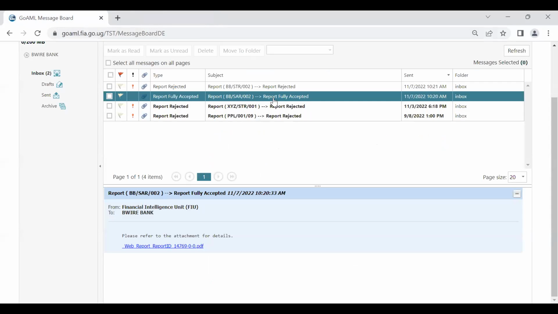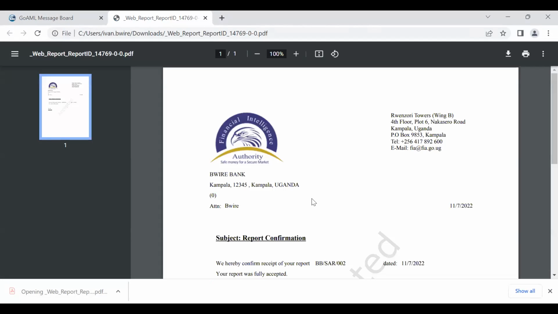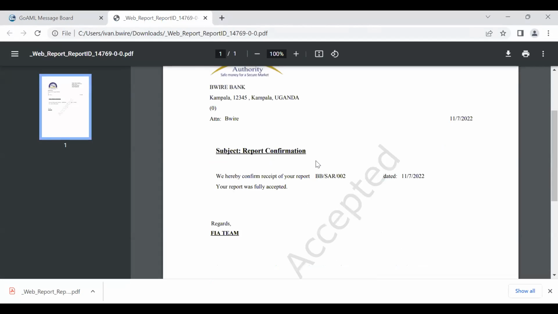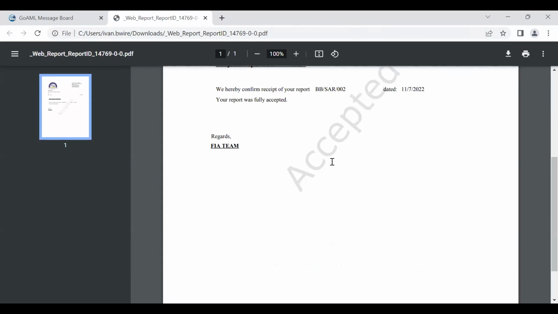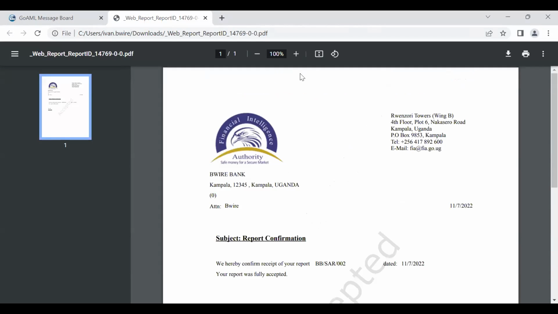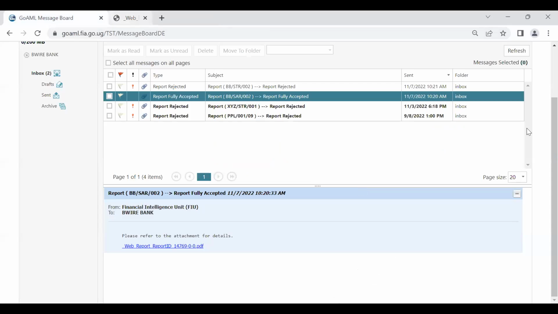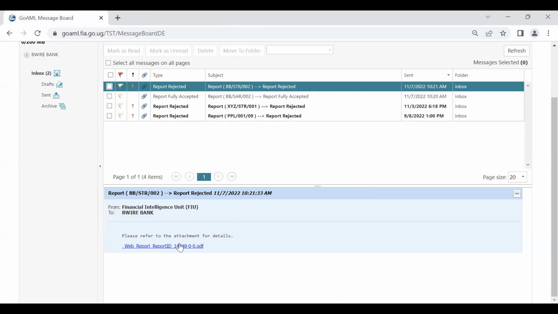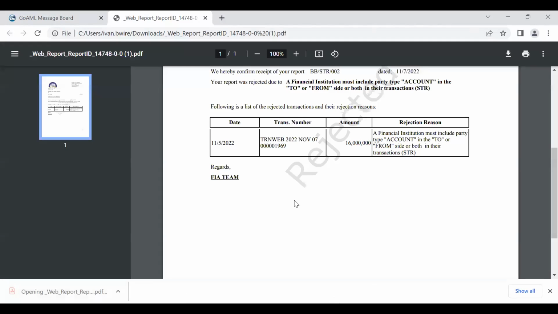And this one was a successful transaction, and it is showing here that this was accepted. So for every report you send to us, it's either accepted or rejected, and you get a notification. If it is rejected, you get a notification as to why it was rejected. Like this one, the reason for rejection is shown there.